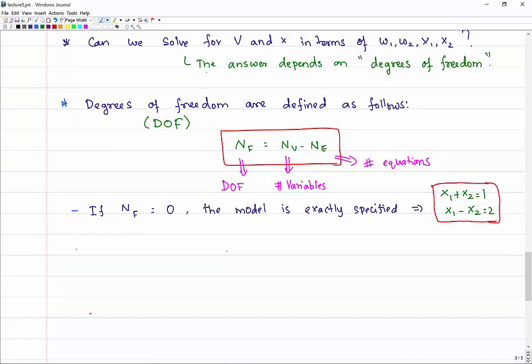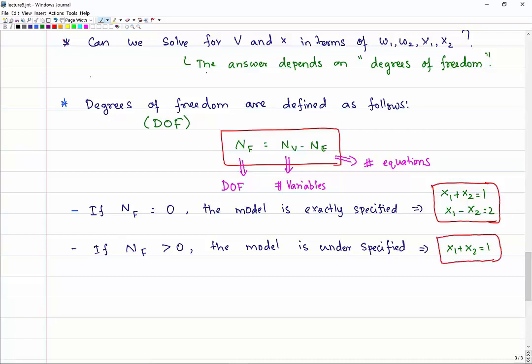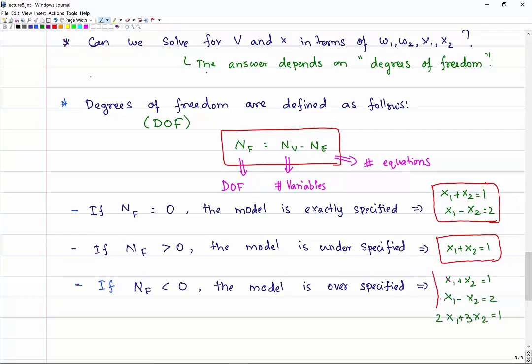Please note that x1, x2 in these examples are different from the x1, x2 used in the blending tank example. I'm just using arbitrary variables x1 and x2. Similarly, if the number of degrees of freedom is greater than 0, then we say the model is underspecified. In the case where NF is greater than 0, we have fewer equations than number of variables, and therefore we are unable to solve for x1 and x2 uniquely. If NF is less than 0, we say the model is overspecified because we have more equations than the number of unknowns.